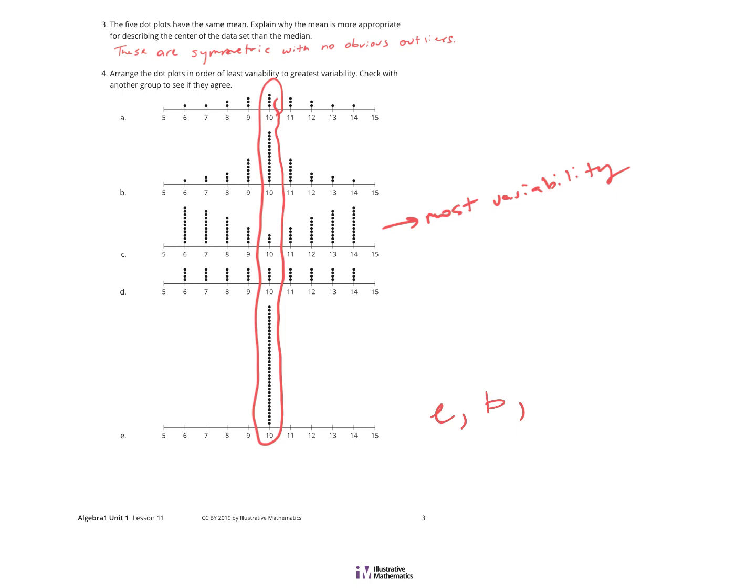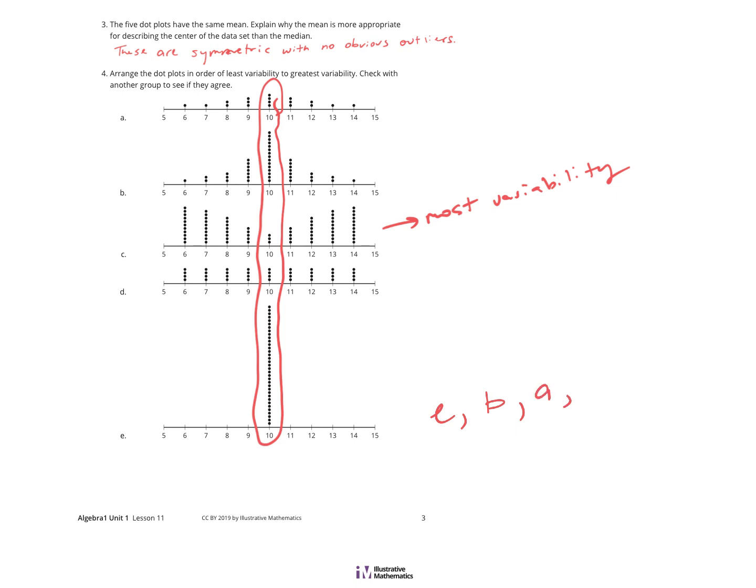Now, the reason why this has more variability, though, than data display B is that the 10 is not much bigger than 9 or 11. And in data display B, the 10 was significantly bigger. So that means there were more points in that very middle, that measure of center. 10 doesn't have as many points, although it still has the most amount of points. It's not significantly more than the other data points. So A would be next.